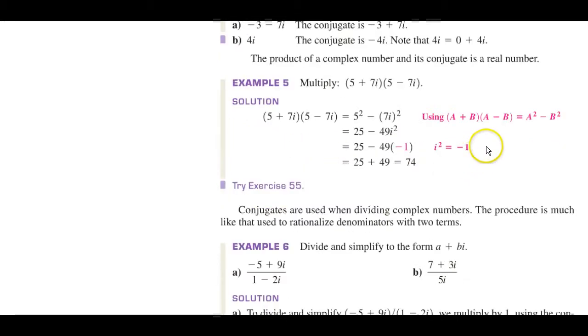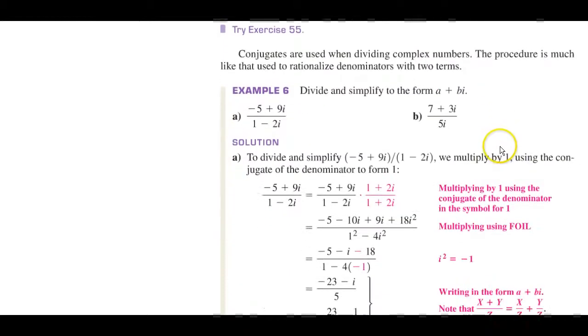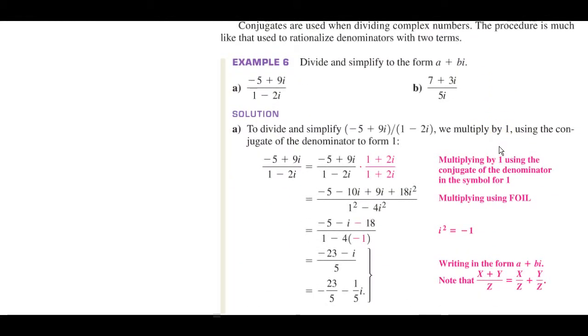So let's take a look at a division now, and I will write this out for you. So we have a negative 5 plus 9i over 1 minus 2i. So what will the conjugate be?